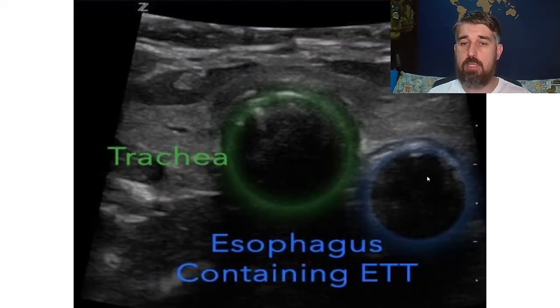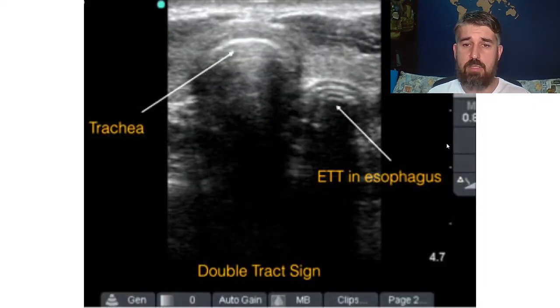So we see the two spheres, meaning we have air in two different places, and it's not what we want to see at this moment. This is the double track sign. It means you don't have to wait for capno or anything else. You just take the tube out and try again because it's in the wrong place.